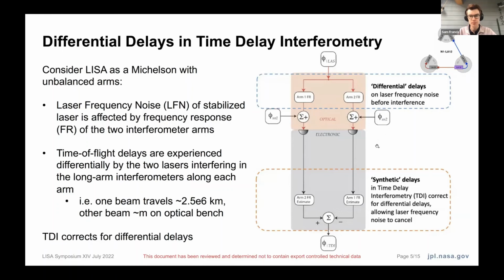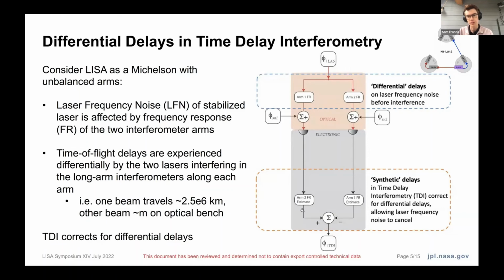What I wanted to show is that in the simplest picture of forming the Michelson TDI combination, we're seeing these differential delays applied to the measurements of the laser phase noise.